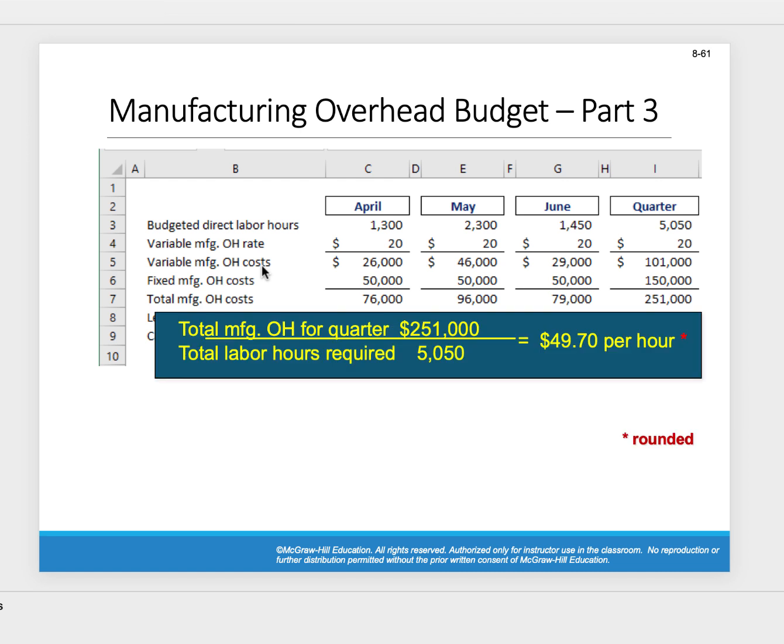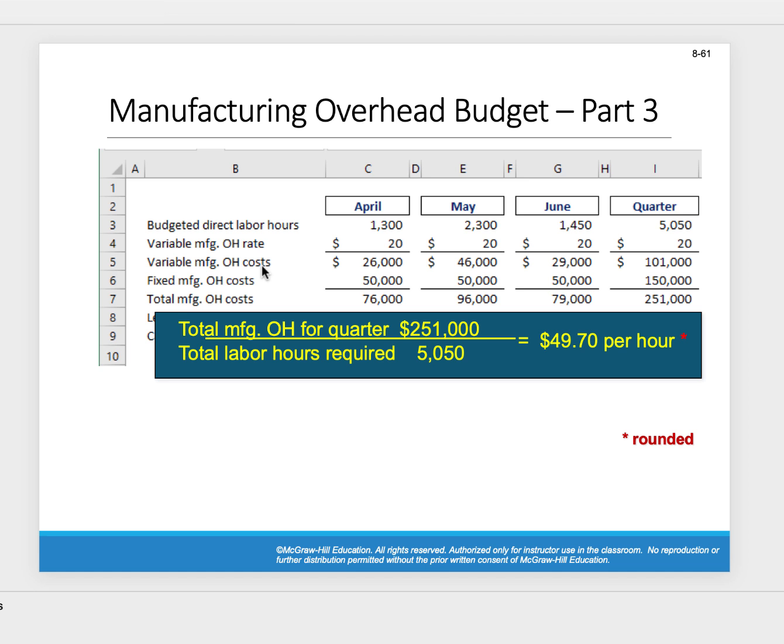Okay. So let's pump the brakes for a second here, right? We can figure that out per hour. What is our manufacturing overhead per hour? Well, that's easy. We could take our total manufacturing overhead for the quarter, which we end up getting $251,000, divided by the total direct labor hours, which is 5,050.